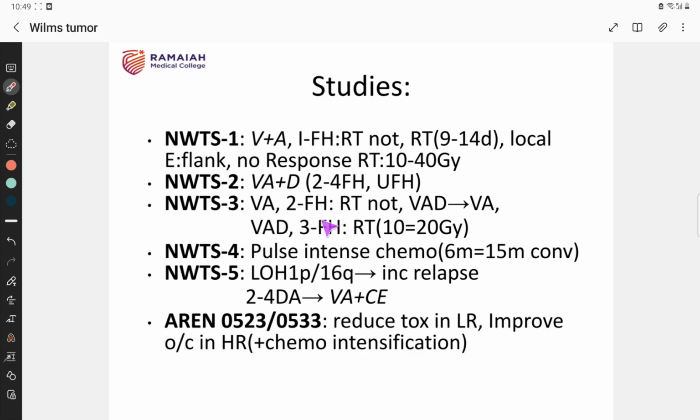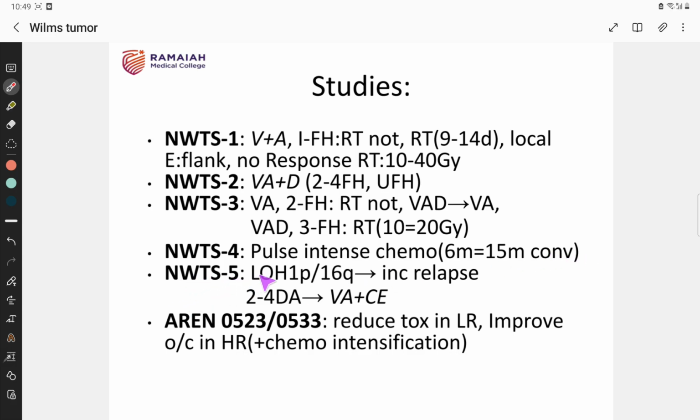And in patients with stage 3 favorable histology receiving the 3 drug regimen, that is VAD, they saw that 10 gray is comparable to 20 gray, so it's better to give 10 gray itself. According to NWTS4, they showed that 6 months of pulse intense chemo was comparable to 15 months of conventional chemo.